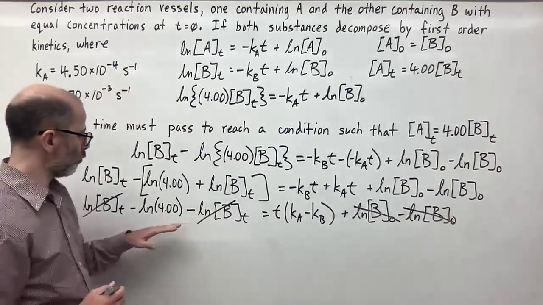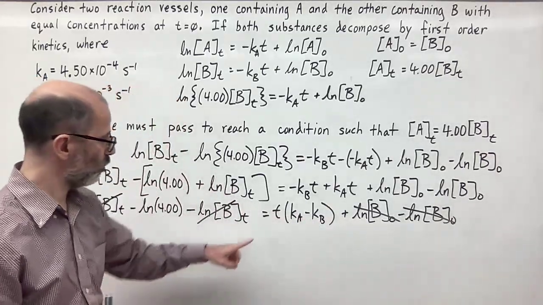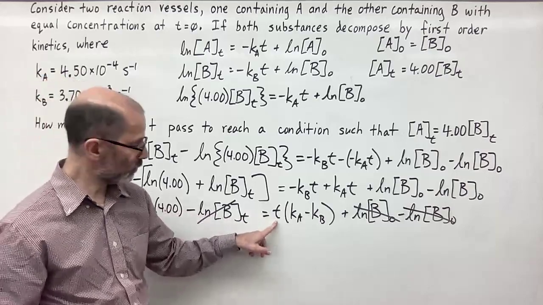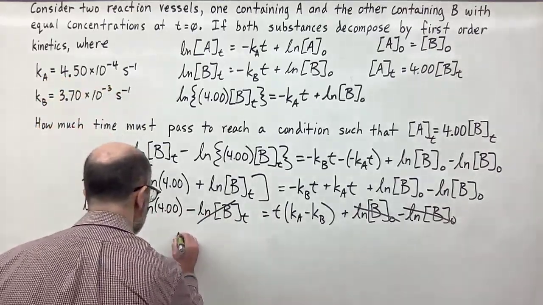Excellent. So we got rid of those variables that we didn't know, and now we have one variable left, which is what we want. So now we have a much more simplified equation.